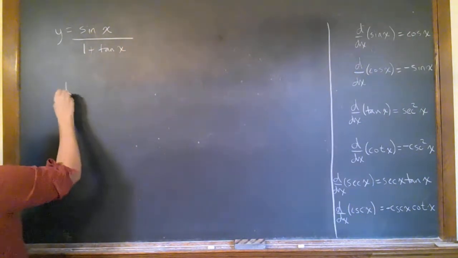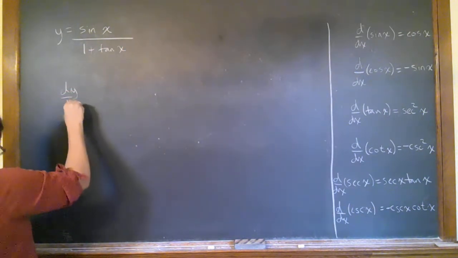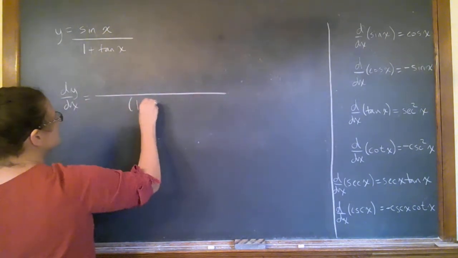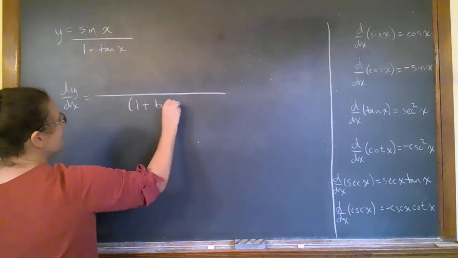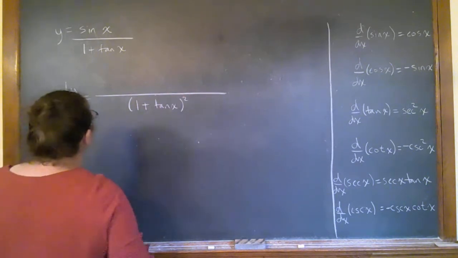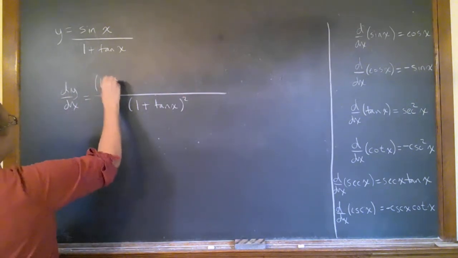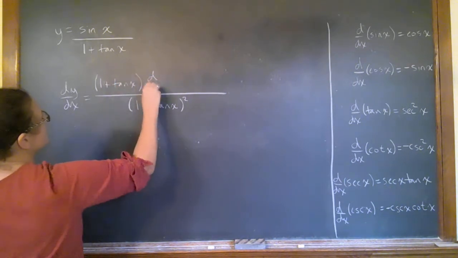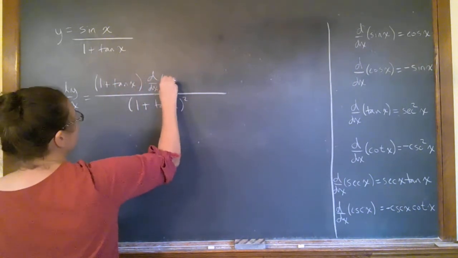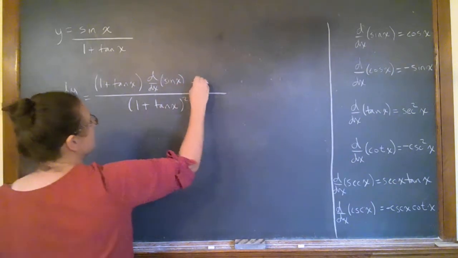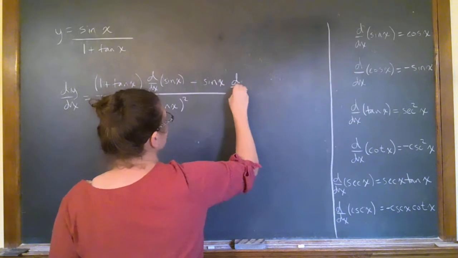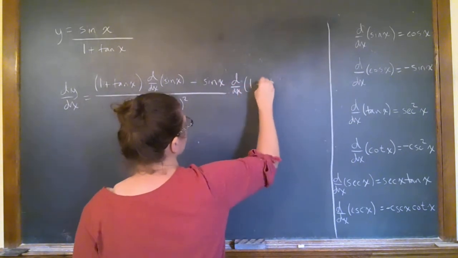So dy dx now is, my bottom is 1 plus tangent x quantity squared, and then I have 1 plus tangent x times the derivative of sine minus sine times the derivative of 1 plus tangent.